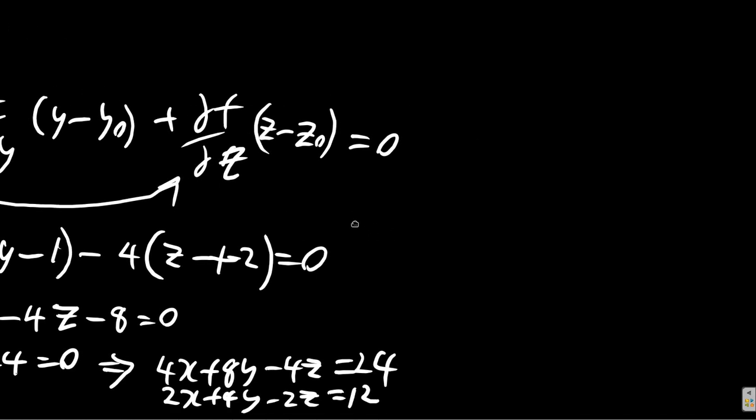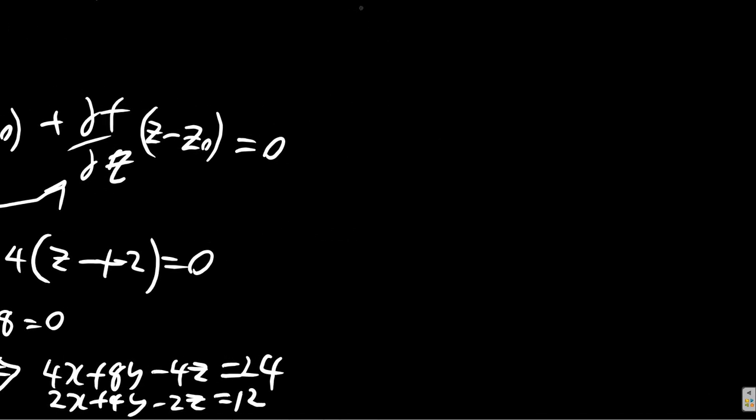Now let's look at the formula for the normal line. For the normal line, we have x, y, and z already, and you introduce a fourth variable, which you call a parametric variable, which is t.